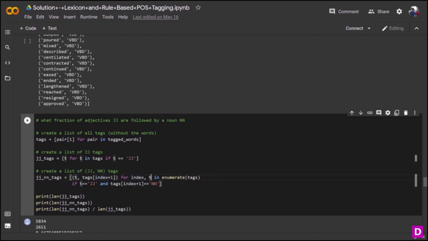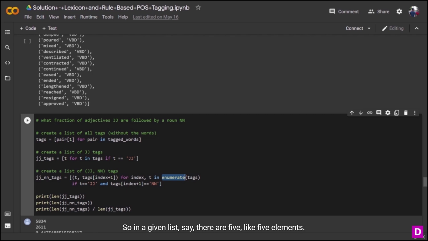So for index comma t in enumerate of tags, this function enumerate will convert the tags into an index and a term. It will directly assign each and every tag a particular index number.